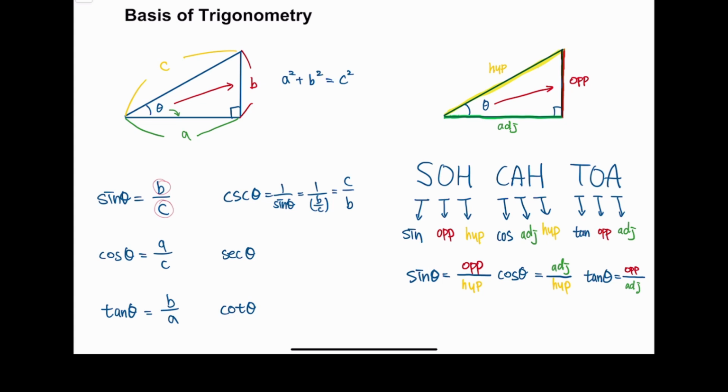Similarly, secant theta is the reciprocal of cosine theta, and again, after swapping a and c from the cosine theta ratio, we can get c over a.